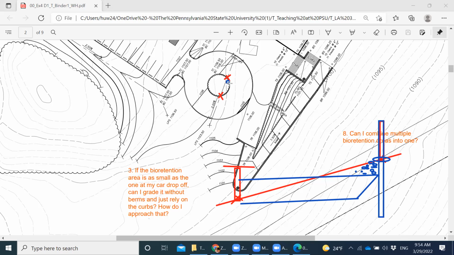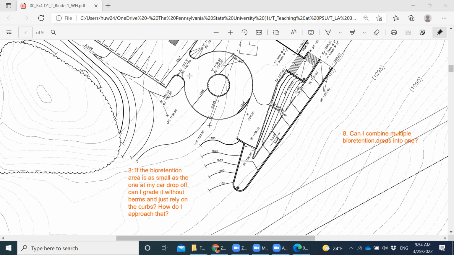So let's put an RDI somewhere here. The elevation will be informed by the water level that you determine. But the key thing is to figure out the bottom of curb and top of curb elevation for these two spots that I labeled as red. Okay. Moving forward.